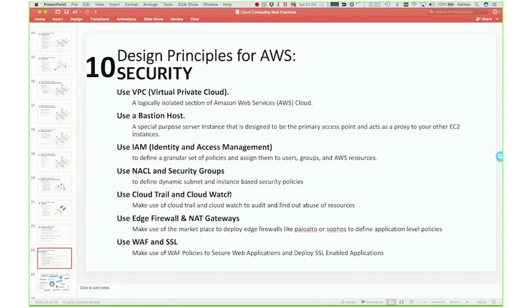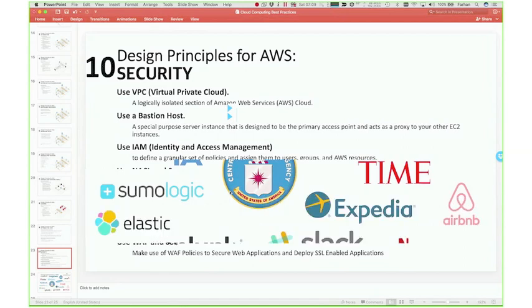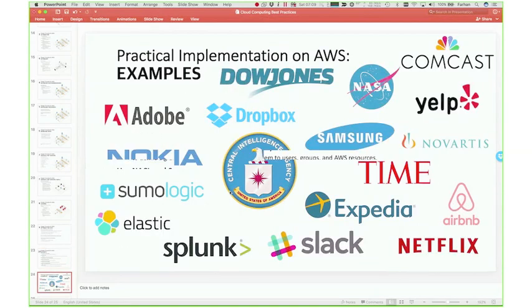That brings me to another slide which tells you how many customers are using Amazon. If we see the practical implementation of these design principles, we see a lot of companies making use of Amazon.